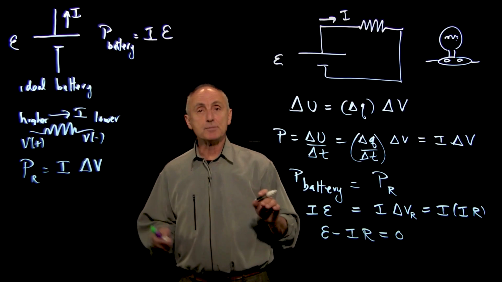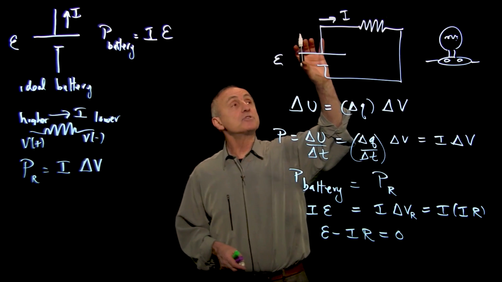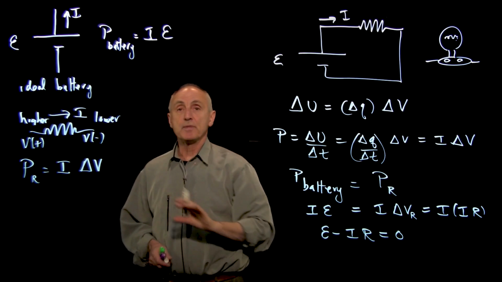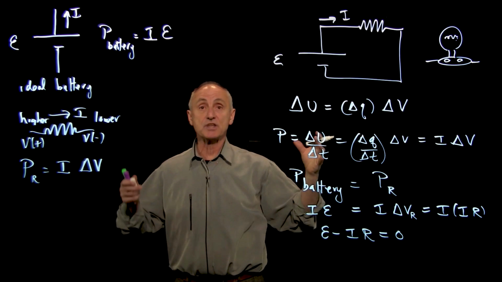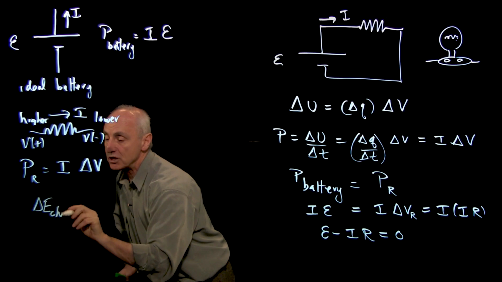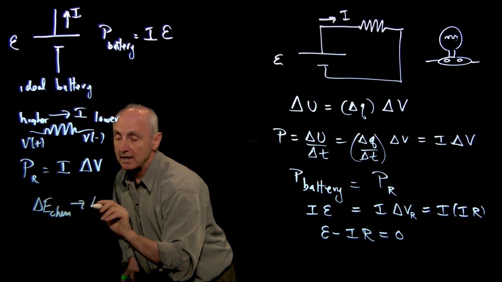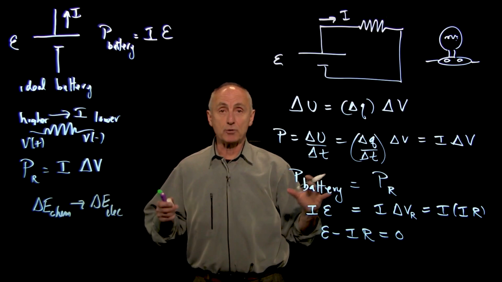Now, let's think about what's happening in the conversion. As we know, in a resistor, when electrons flow through the resistor, they're being accelerated by the electric field. That's the electrical work. So our first conversion is chemical energy goes to electrical energy. We are accelerating charges.